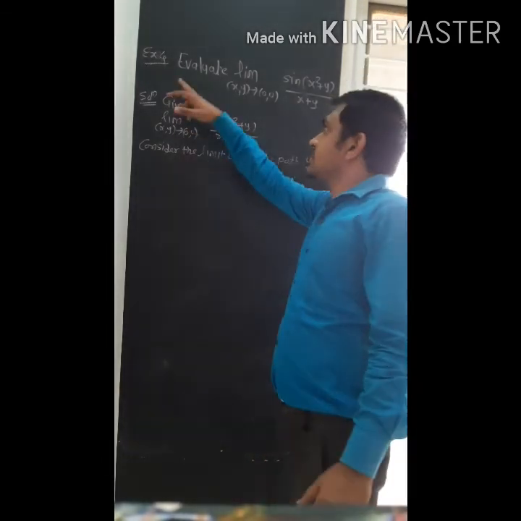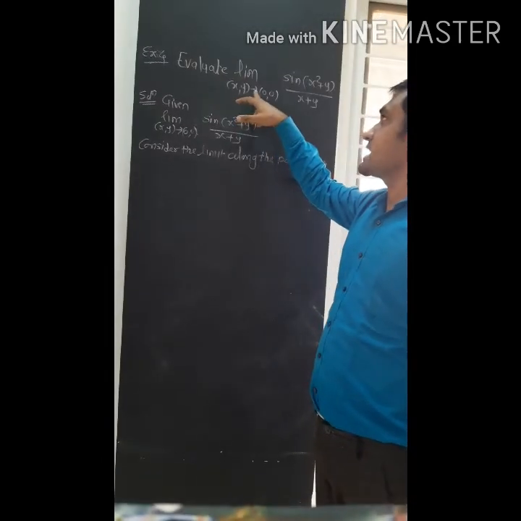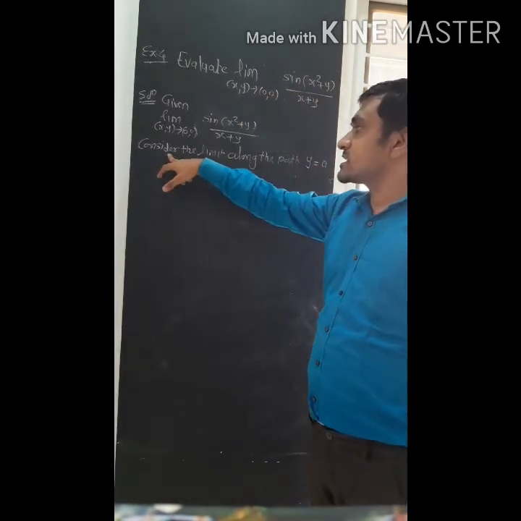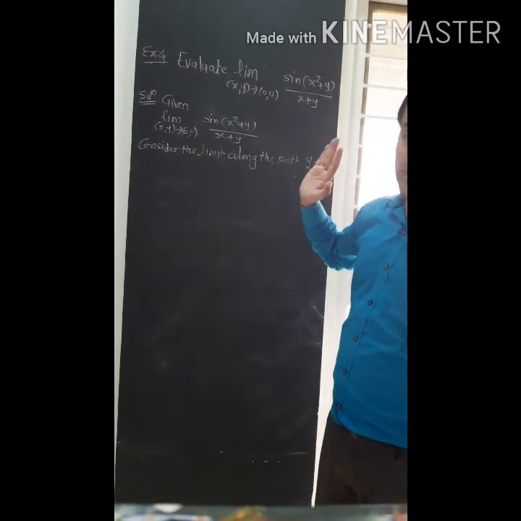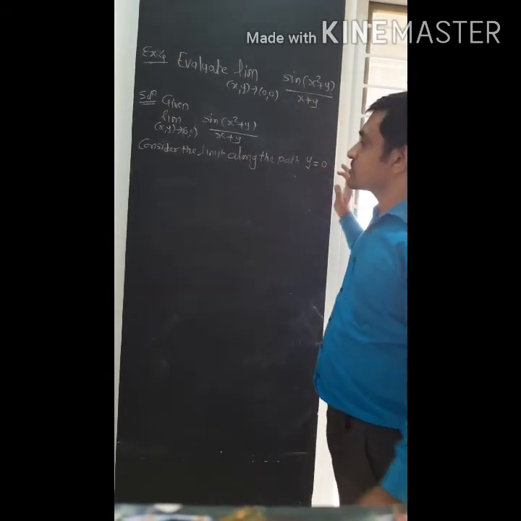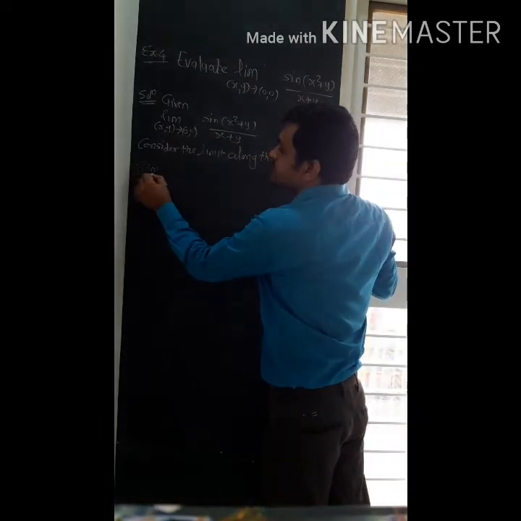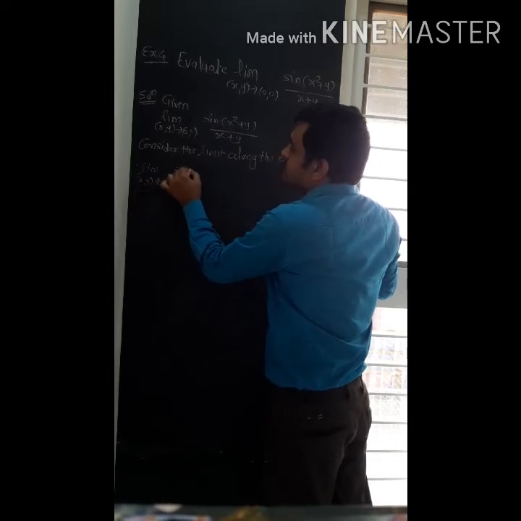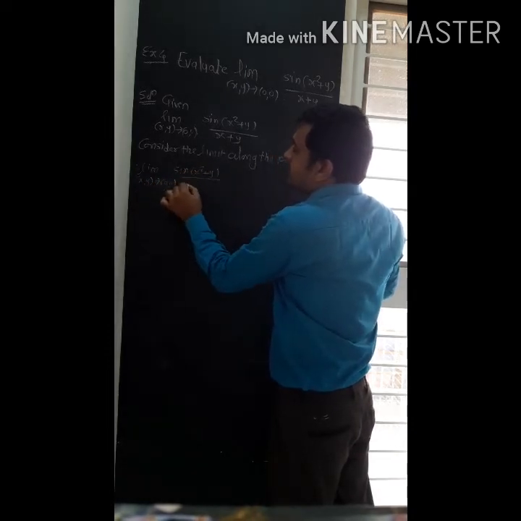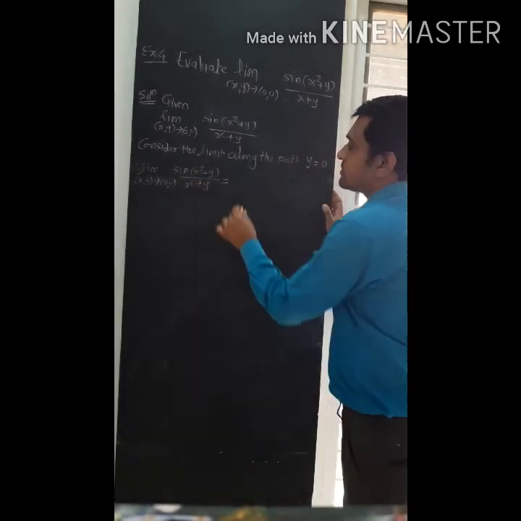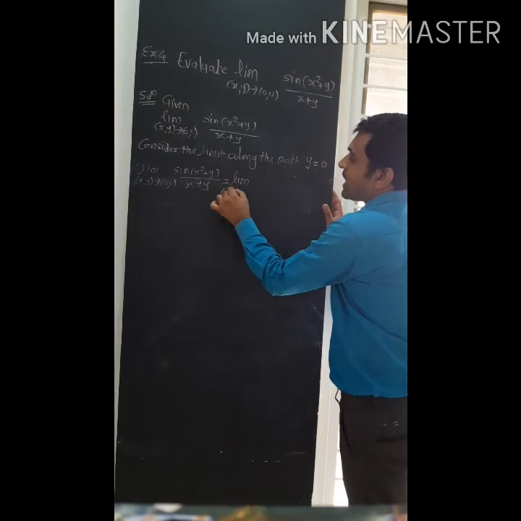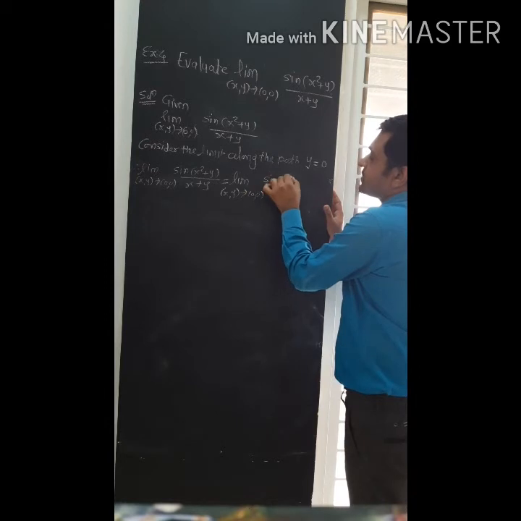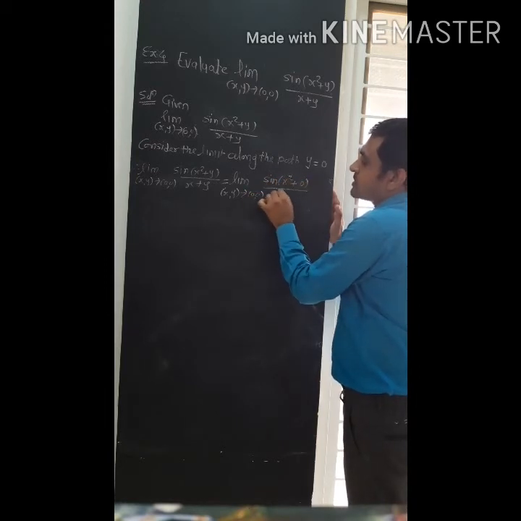Next example, example 4: evaluate the limit (x,y) tends to (0,0) of sin of (x square plus y) upon (x plus y). Now consider the limit along the path y is equal to 0. First we consider this limit along the path y is equal to 0, therefore this limit becomes limit (x,y) tends to (0,0) of sin(x square plus y) upon (x plus y), which is limit of sin(x square plus 0) upon (x plus 0).